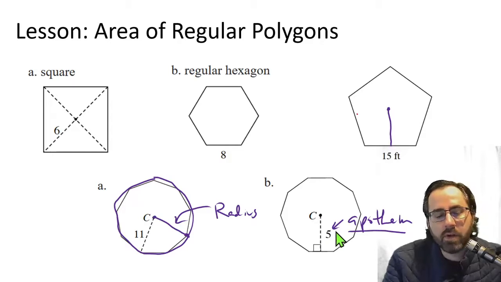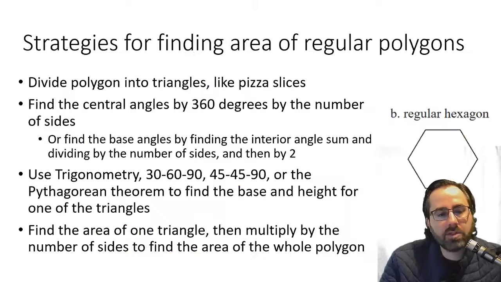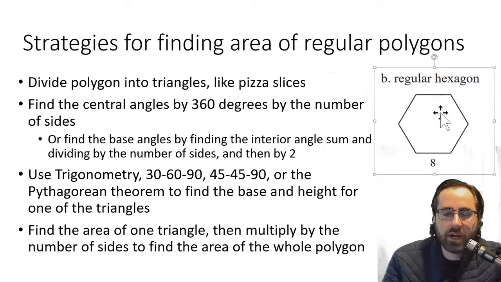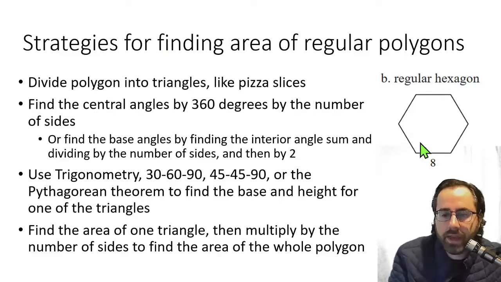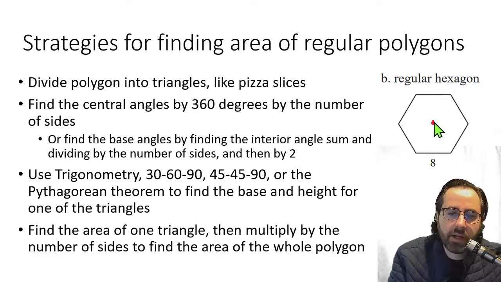So let's get right to it. And we're going to see all of these examples actually. What's the main strategy? So here's the main strategy. Essentially, when you have a shape like a regular hexagon, what you want to do is divide the polygon into triangles because the area of each triangle is just 1/2 base times height. So we could take this polygon and slice it just like a pizza into triangles.